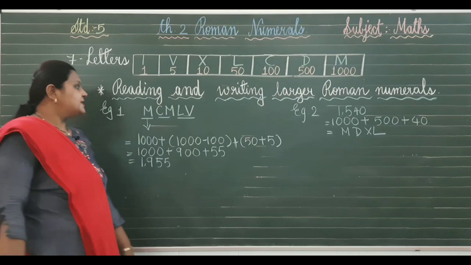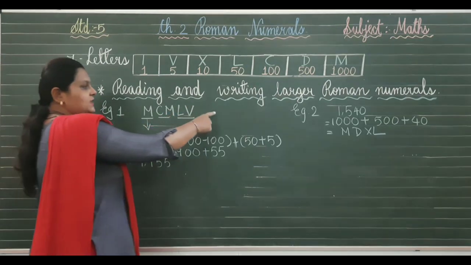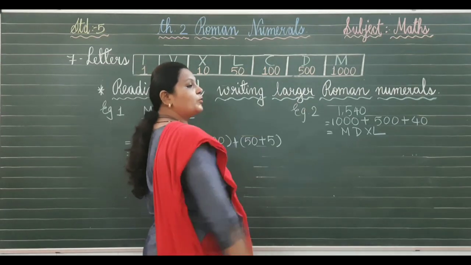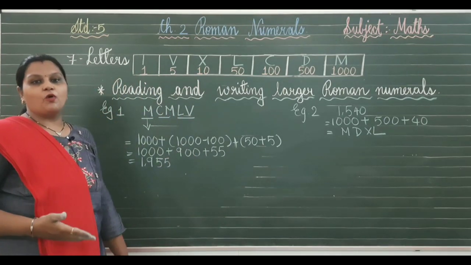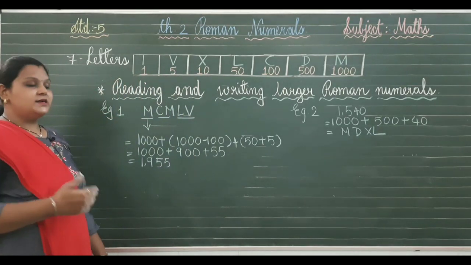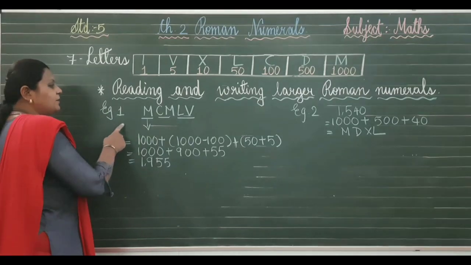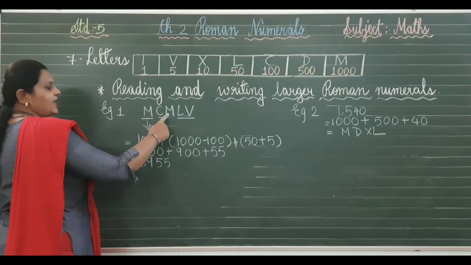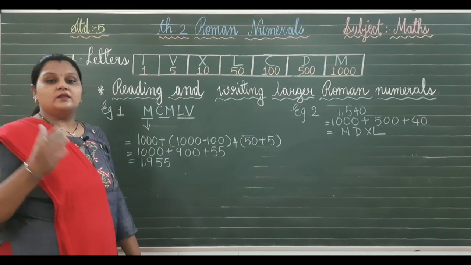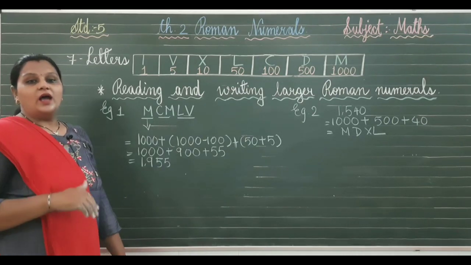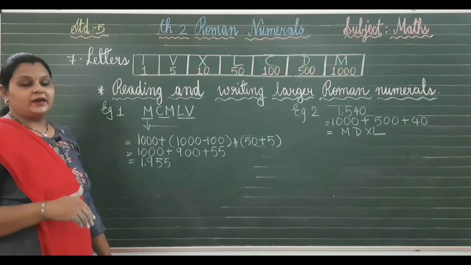Okay. Next concept is reading and writing larger Roman numerals. When Roman numbers are given in large form, how you have to write? Let's have example. Example 1, MCMLV is given to you and you have to write that number in Hindu Arabic number. How you will write?